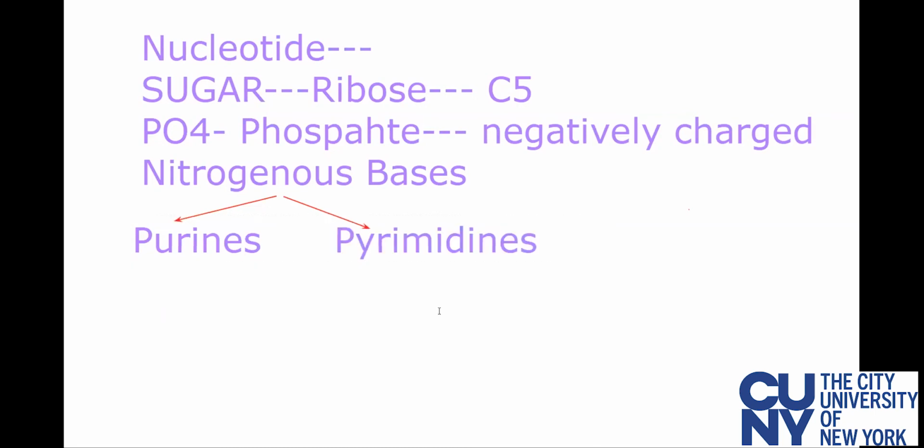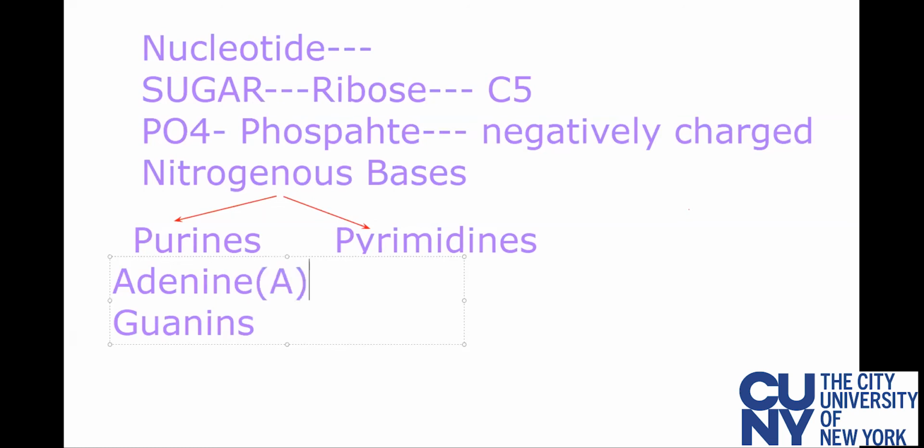So what are purines? Purines are adenine and guanine. Adenine is referred to by the alphabet A, and guanine is referred to by the alphabet G.